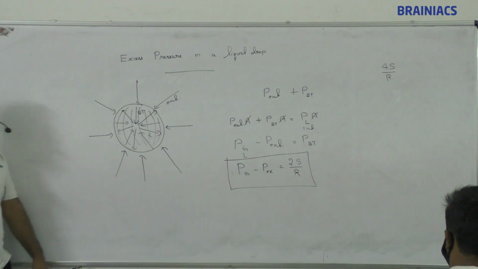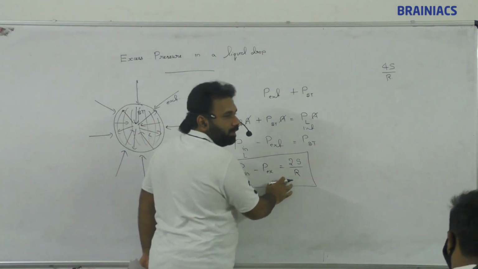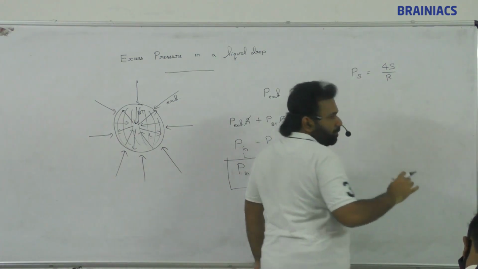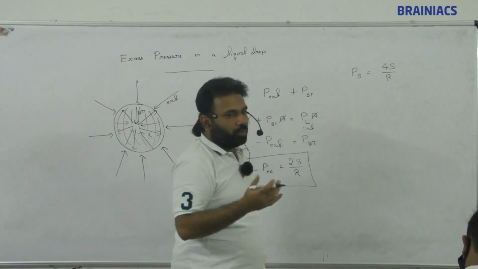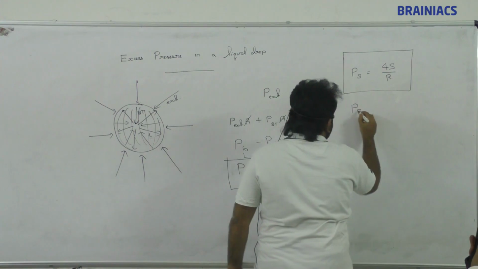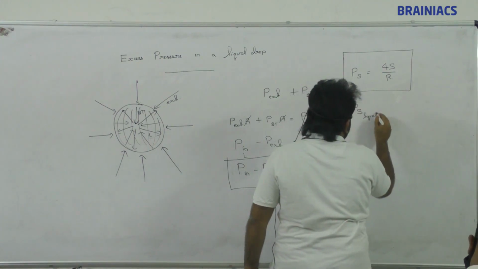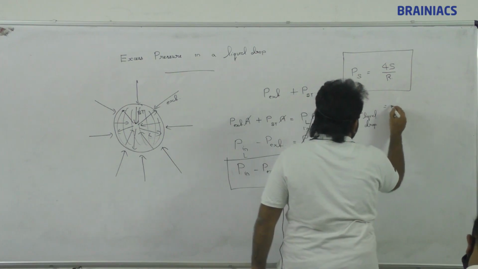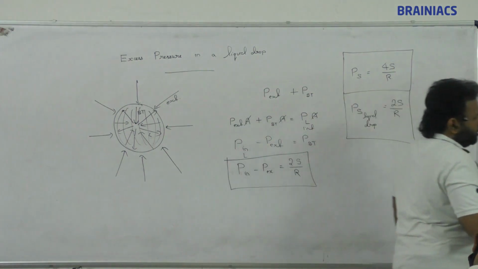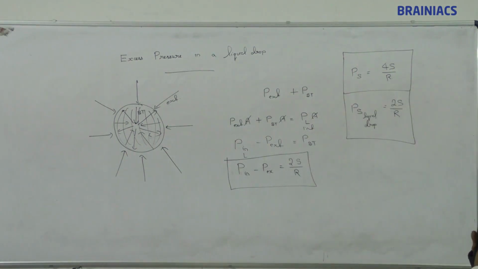So pressure due to surface tension in a liquid drop is 2S by R. In a soap bubble, we take 4S by R. Pressure due to surface tension in a liquid drop is equal to 2S by R. Clear?